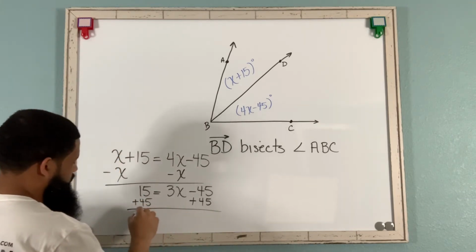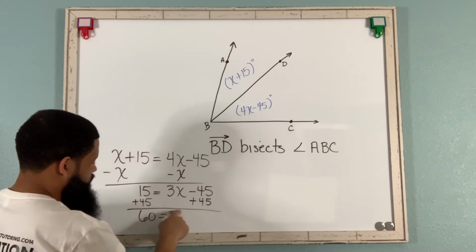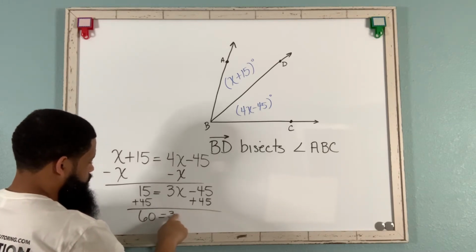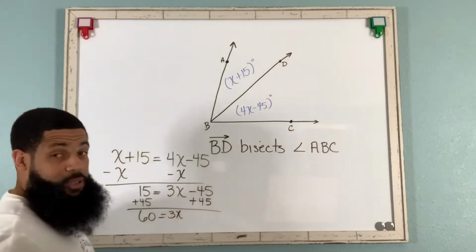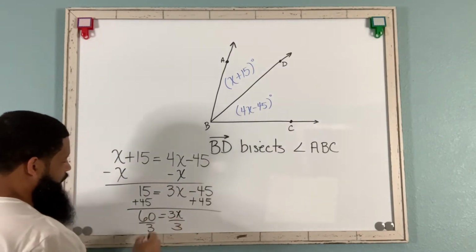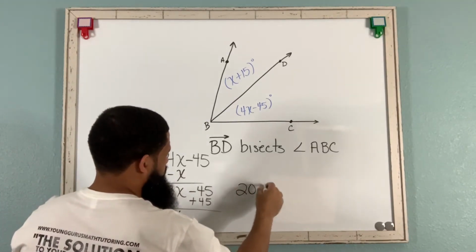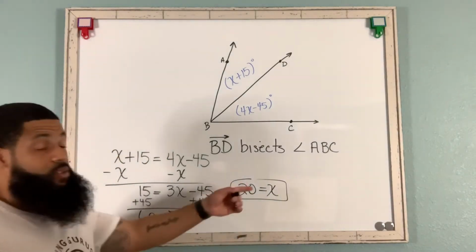That gives me 60 is equal to 3X. Last but not least, I divide by 3, and I get 20 is equal to X. So I found the value of X.